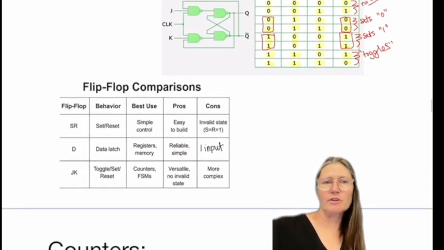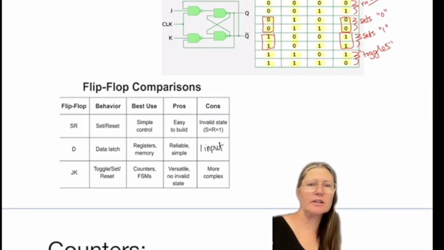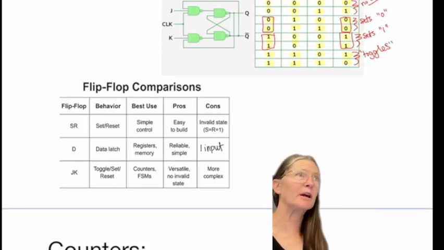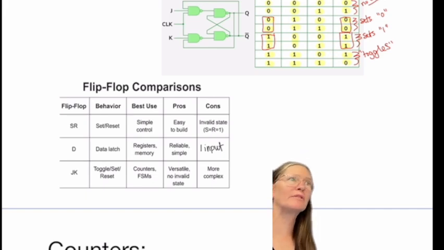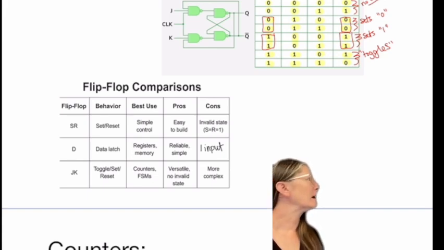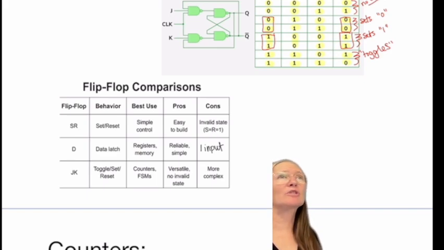Here's a comparison of them. The SR is usually easy to build, and so if you're not using a chip, that's usually the easiest one to build discretely. A lot of people use that just to build it quickly and keep it as a little memory device. But it keeps that invalid state, which can confuse your logic.